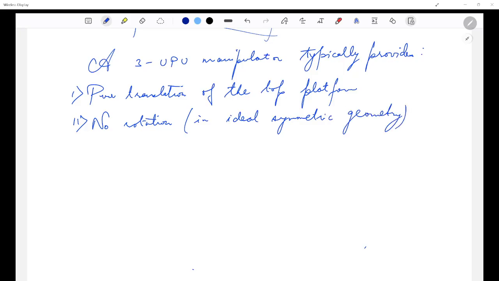So it behaves like a 3-DOF translational parallel manipulator.